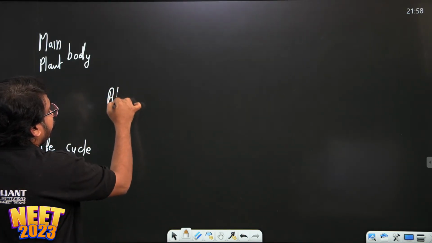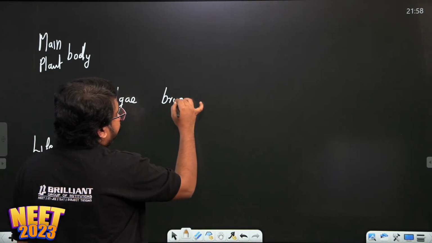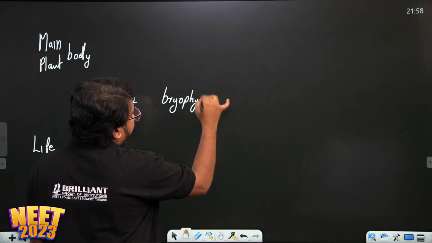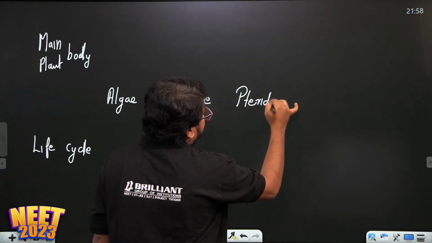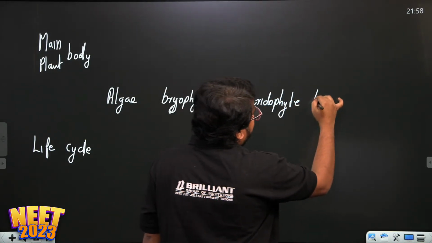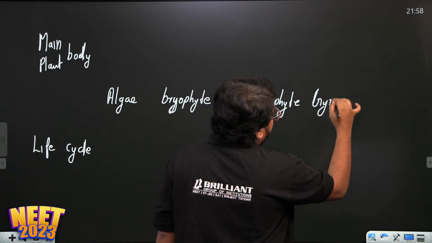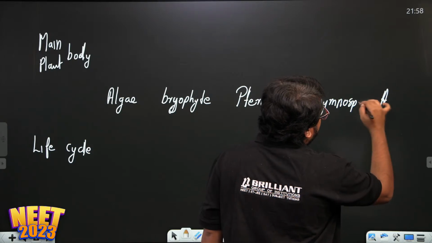For example, algae, Bryophyte, pteridophyte, Gymnosperm and Angiosperm.